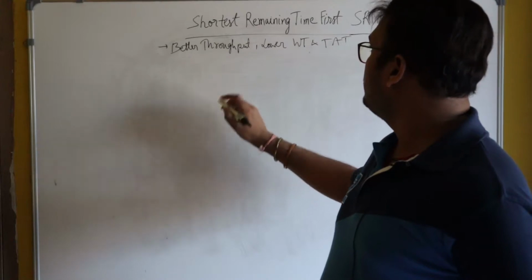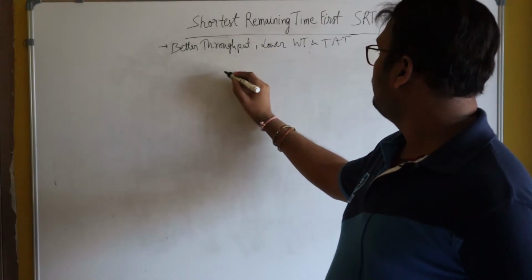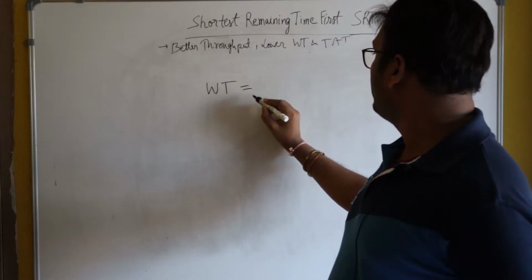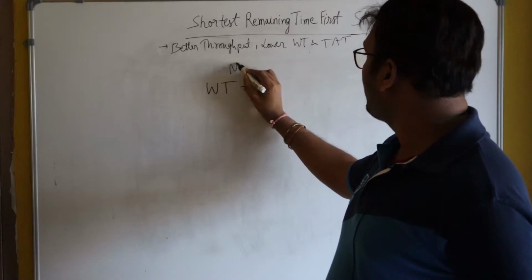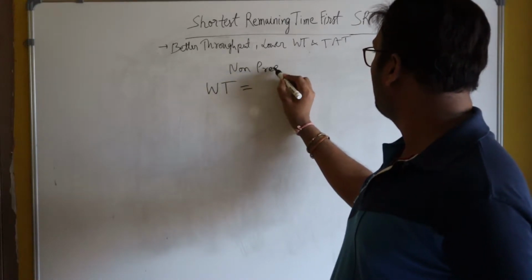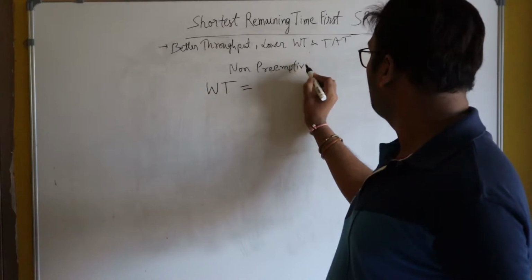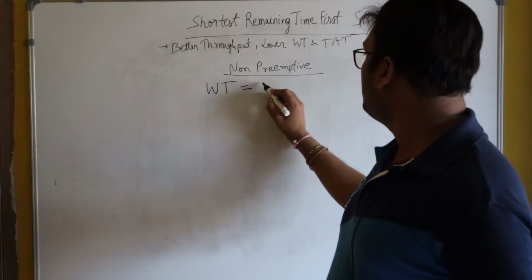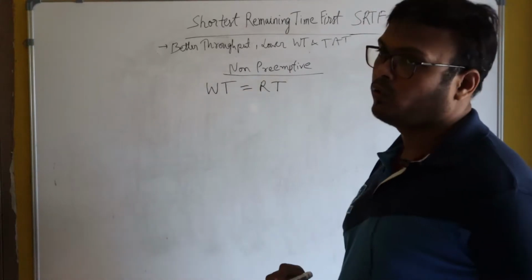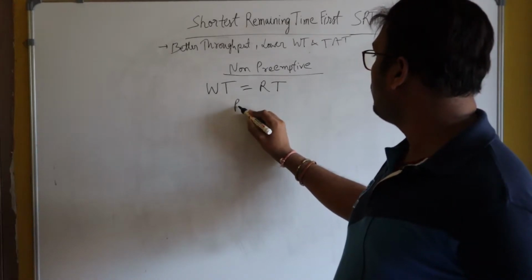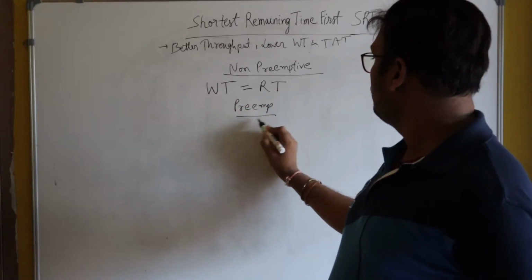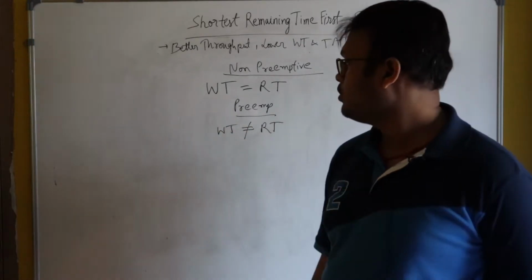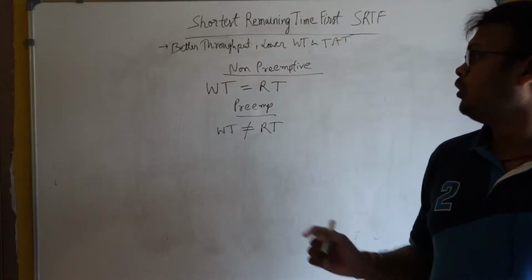In a non-preemptive algorithm like SJF and FCFS, waiting time is equal to response time. But in a preemptive algorithm, as you have already seen, waiting time may not be equal to response time. So it's an important point to be noted.